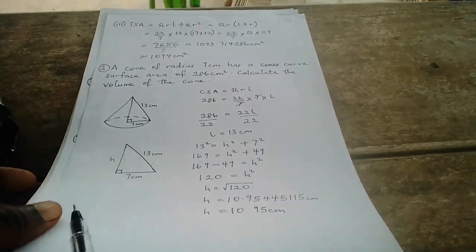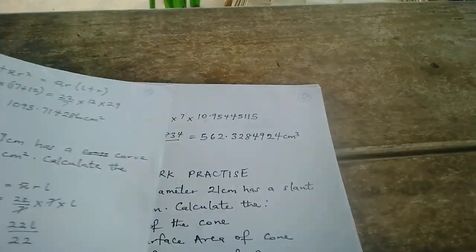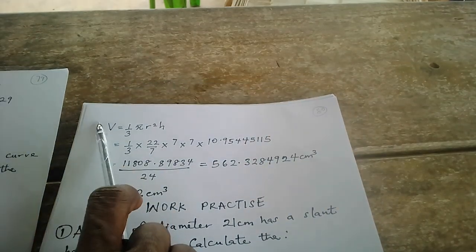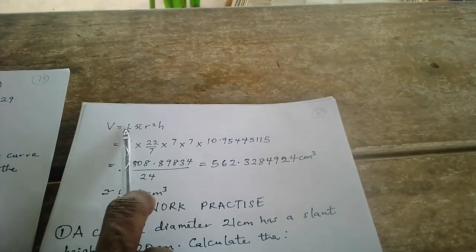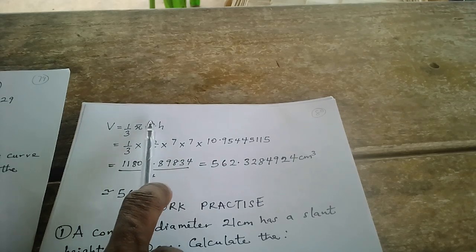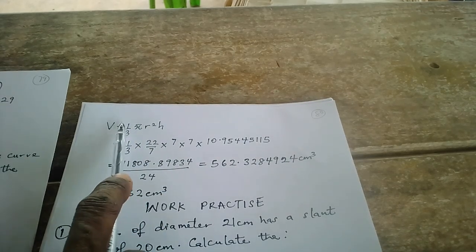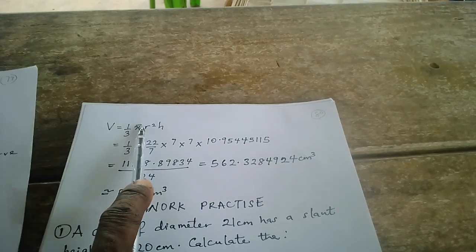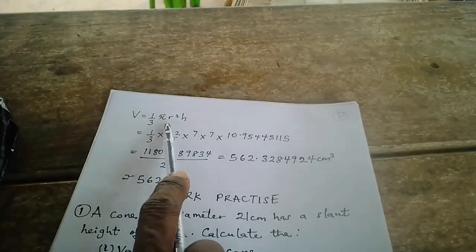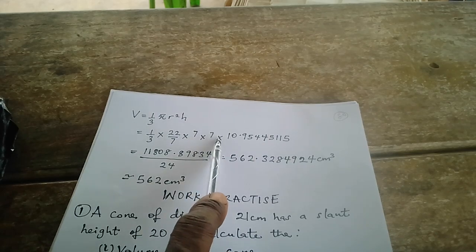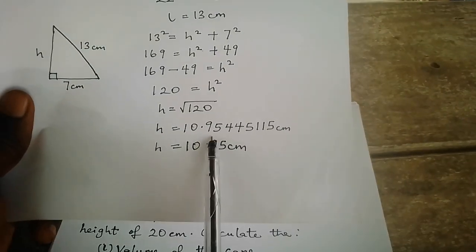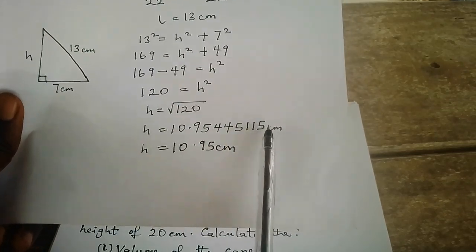Since we've got the vertical height, we can now look for the volume of the cone. The volume of the cone will be 1/3 pi r squared h. So 1/3 times pi, which is 22/7. The radius of the cone is 7 centimeter, so 7 times 7 is r squared, times this h, the vertical height, which is 10.9544515.